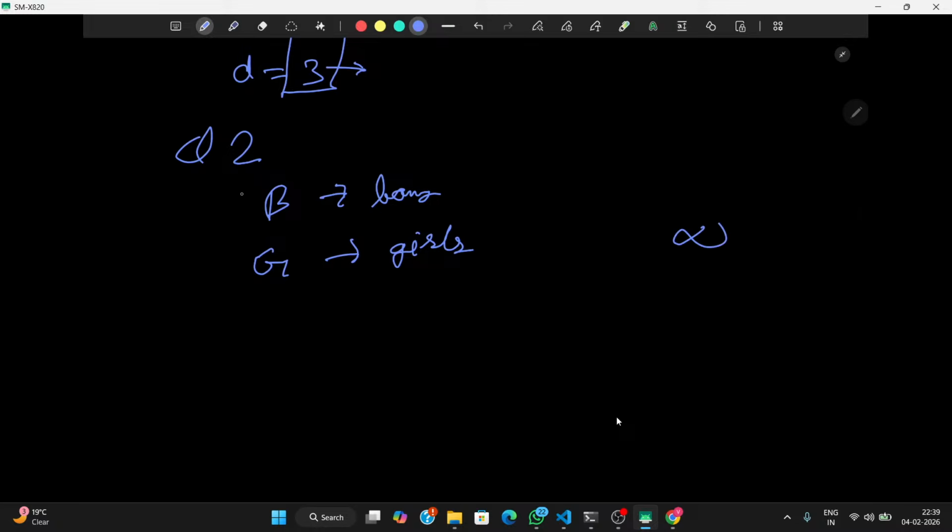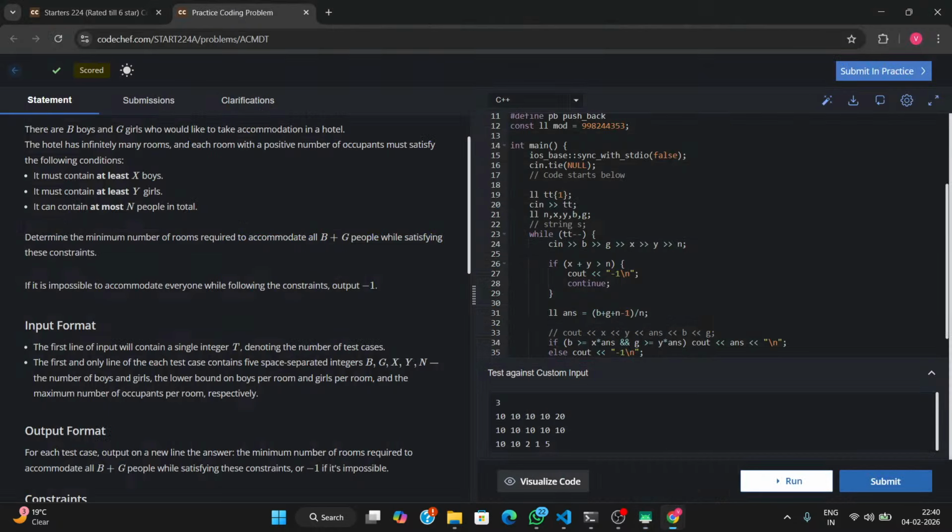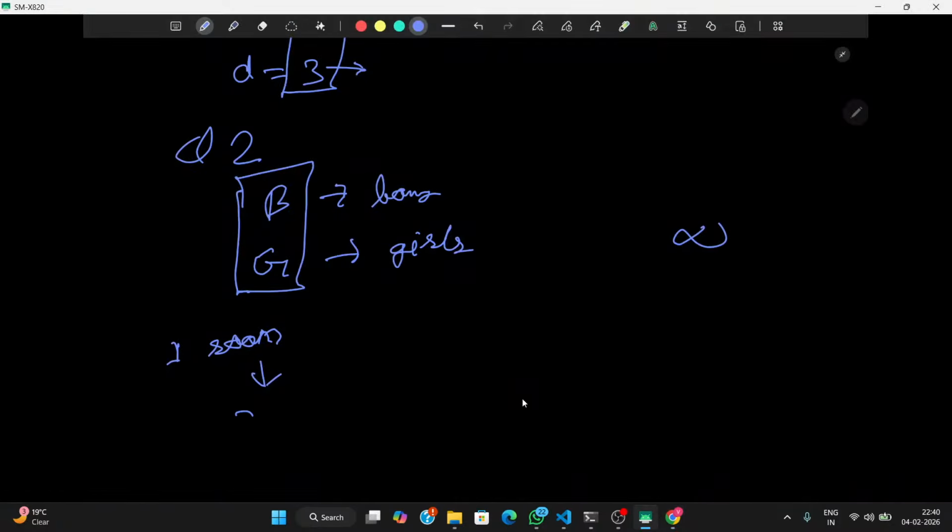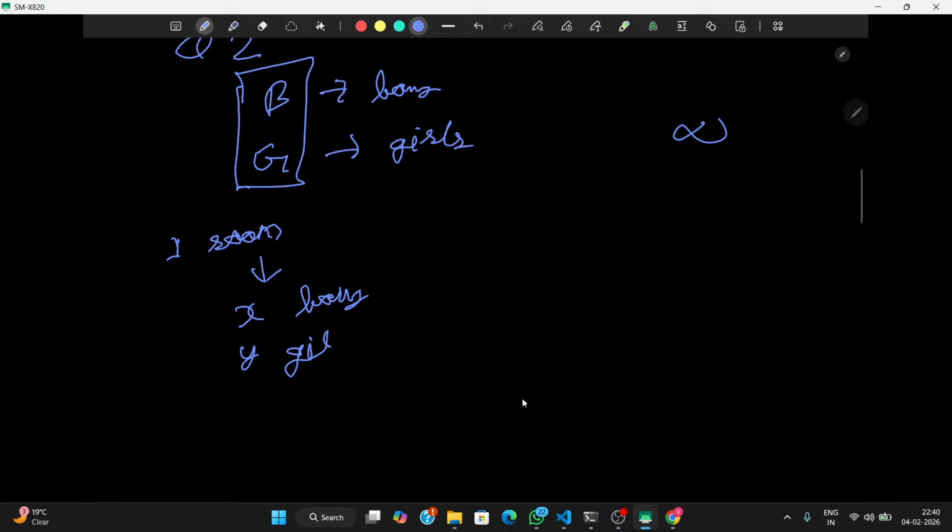And we need to fit all of these B plus G people in the rooms such that in any one room, there should be at least X boys, at least Y girls, and at most N people.